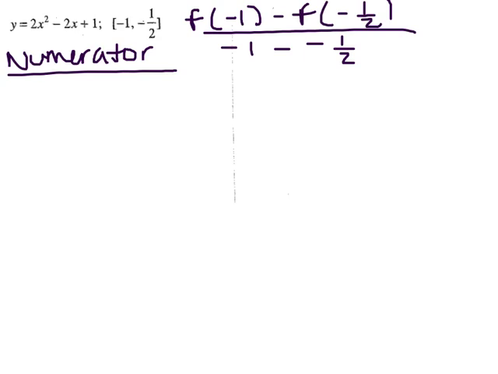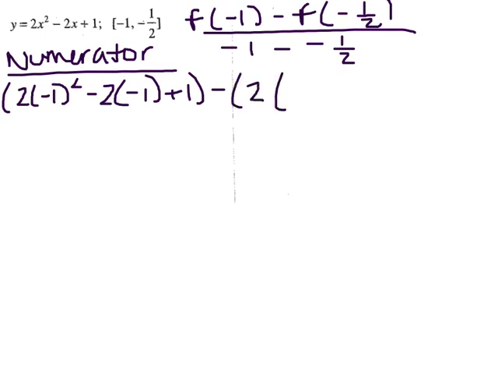So in my numerator, I will have 2 times negative 1 squared minus 2 times negative 1 plus 1, minus, that was my f of negative 1. Now my f of negative 1/2: 2 times negative 1/2 squared minus 2 times negative 1/2 plus 1.